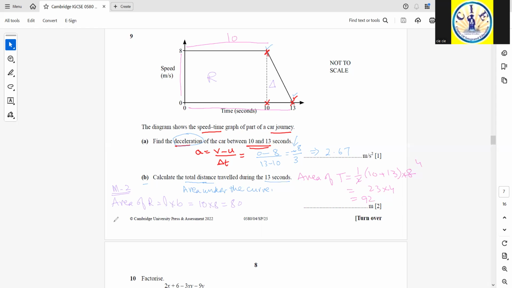And for area of the triangle, half times base times height, 1 by 2 times the base of the triangle, which is 3, times the height of the triangle, which is 8. So that would be 4 3s are 12. So adding these two, we get 92 once again. So that is the required answer to this question.